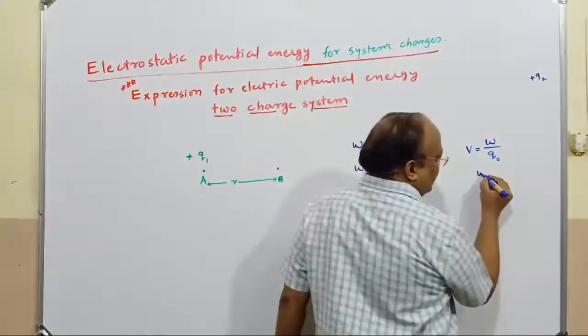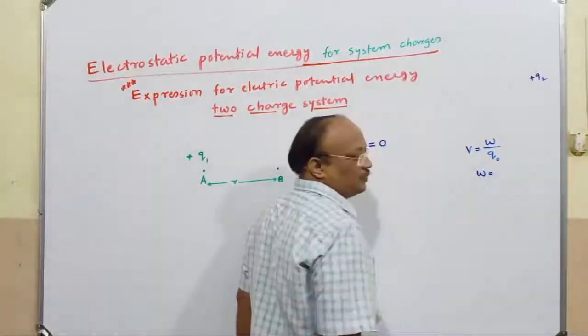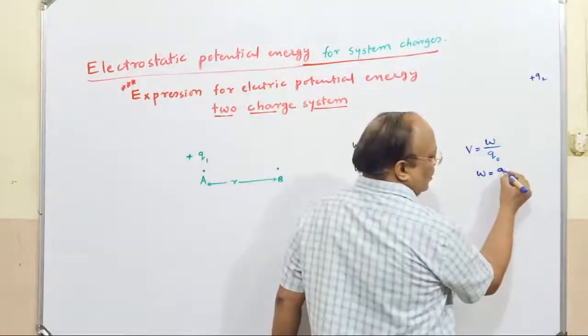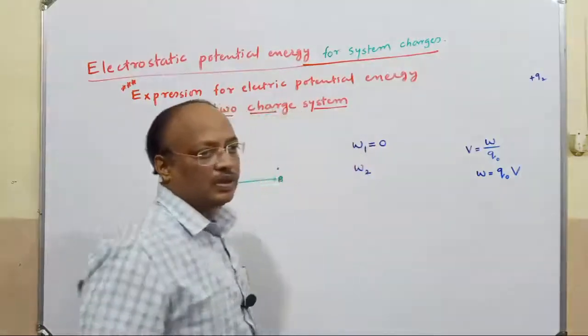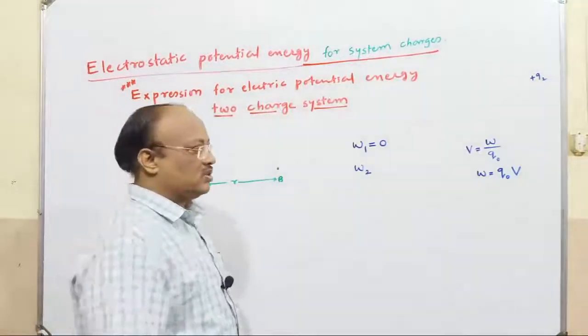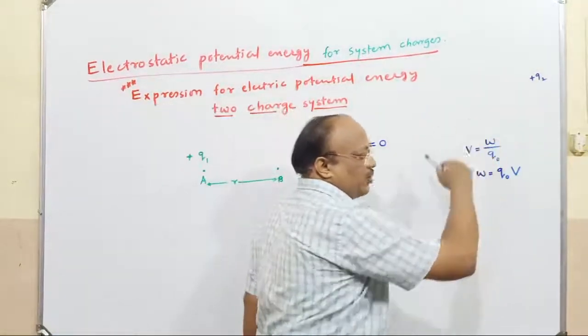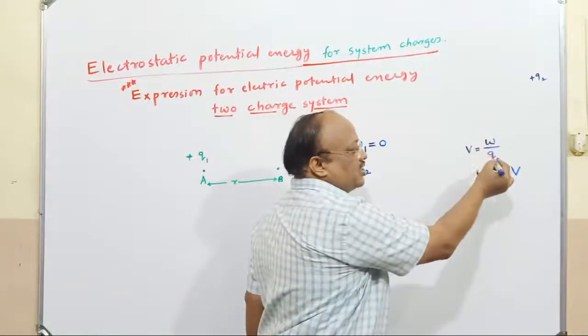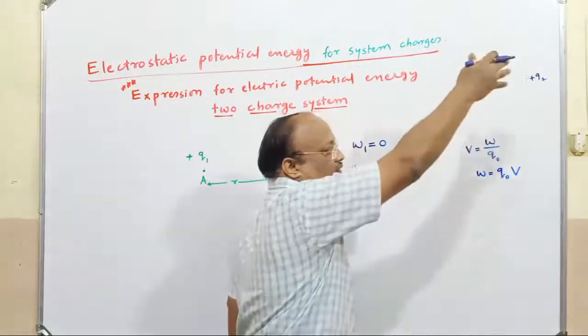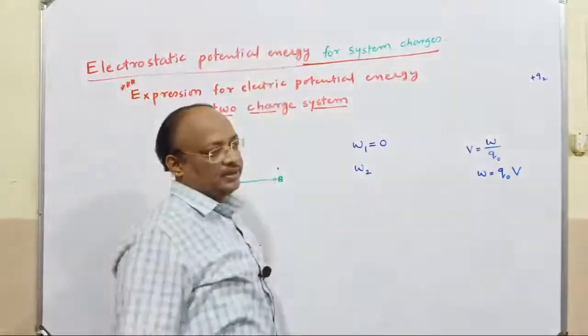So W is equal to Q naught into V. In defining electric potential, what I have done is bring a test charge Q naught from infinity to this point.